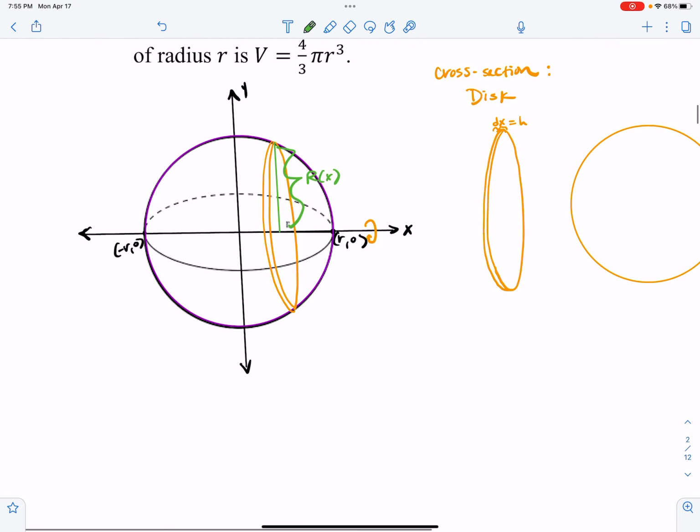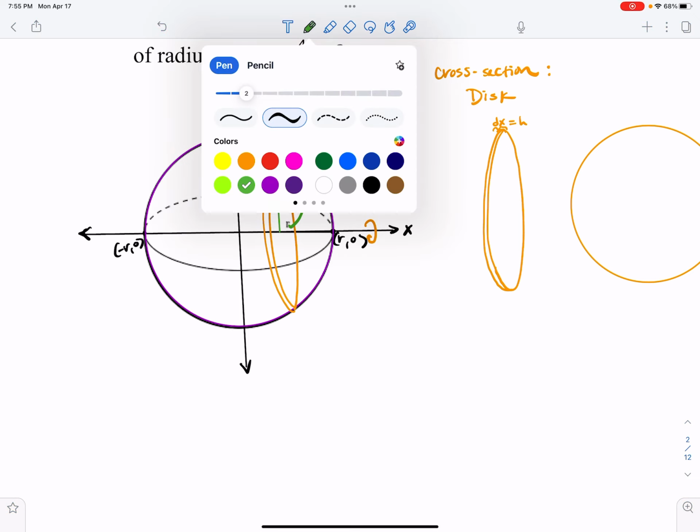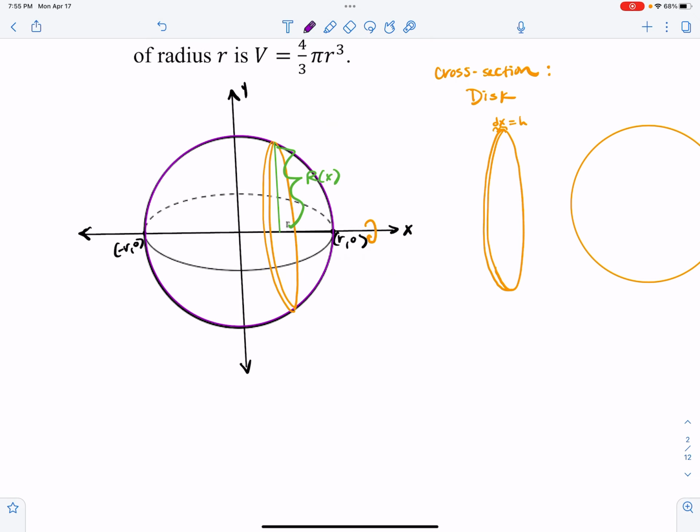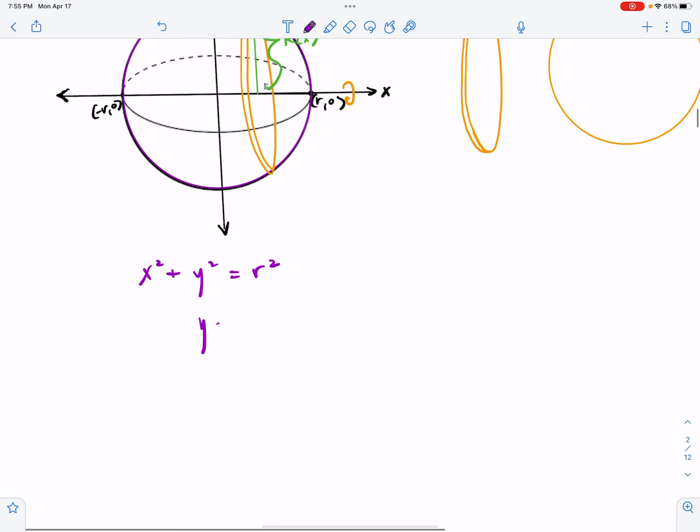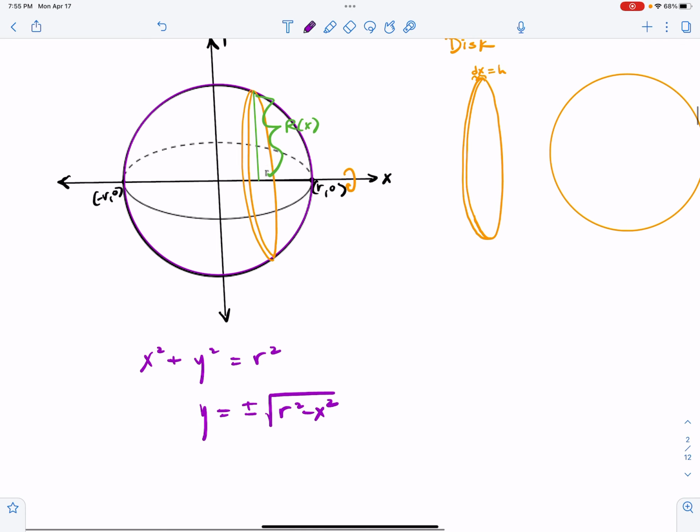Well, if we think back to how we started with that circle with a radius of r, the equation for a circle with a radius of r is x squared plus y squared is equal to r squared. And if we were to solve for y, we would get plus or minus the square root of r squared minus x squared. The thing is, couldn't we have generated the sphere by starting with just a half circle?